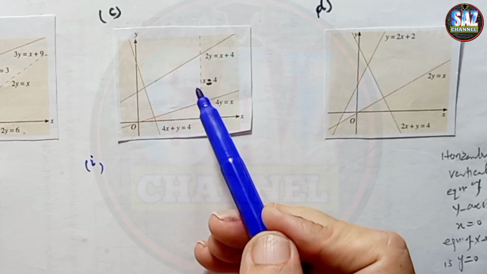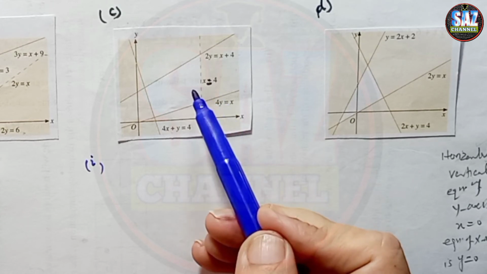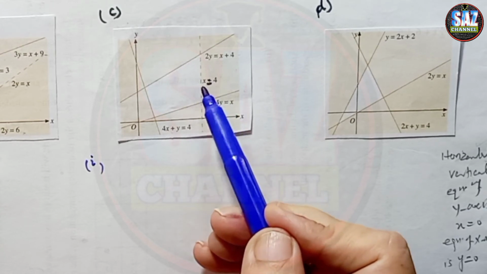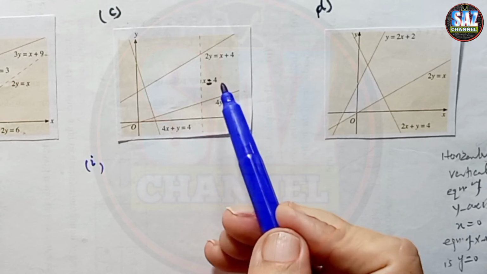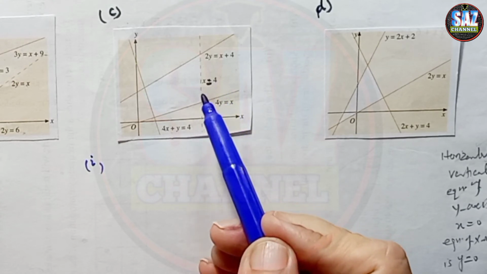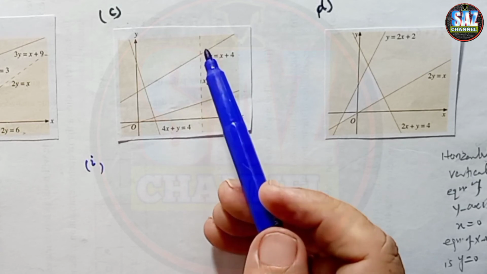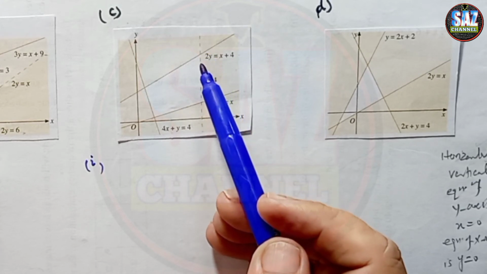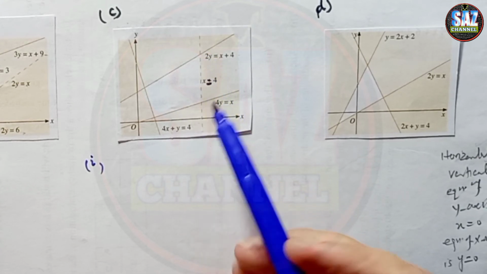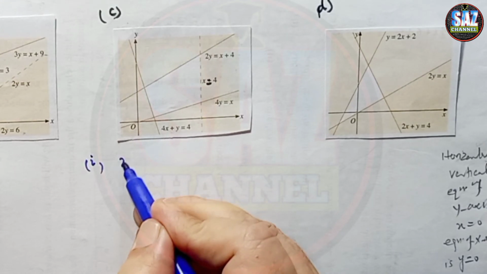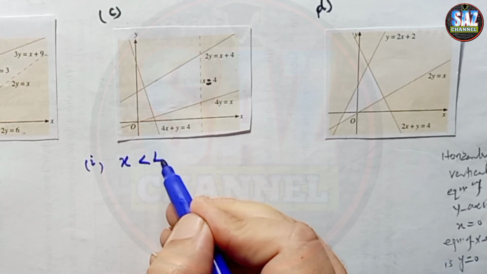So the inequality associated with this equation will be x less than or equal to 4. But we are not going to write equal to because this is a broken line. So the inequality will be x less than 4.